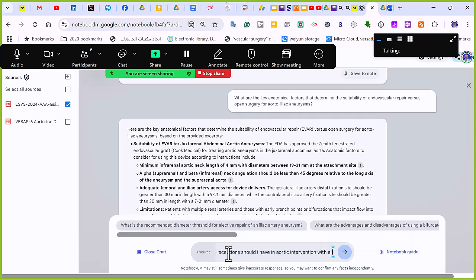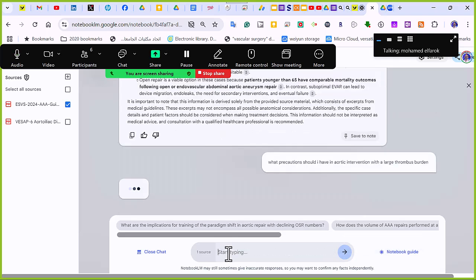This looks like a tough question, not an easy question. But I will ask the artificial intelligence with these two resources. It will go to the guidelines and squeeze the answer for me.